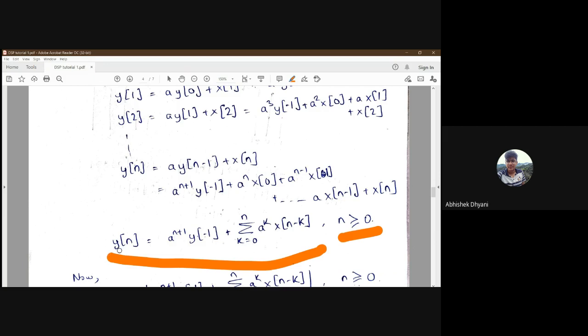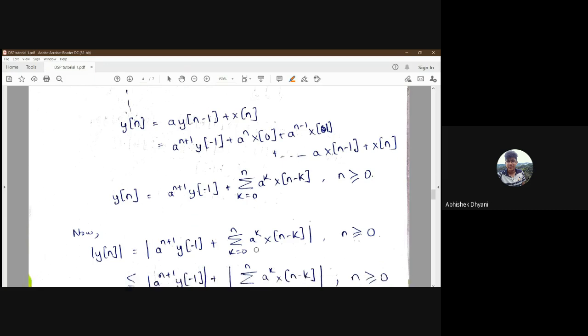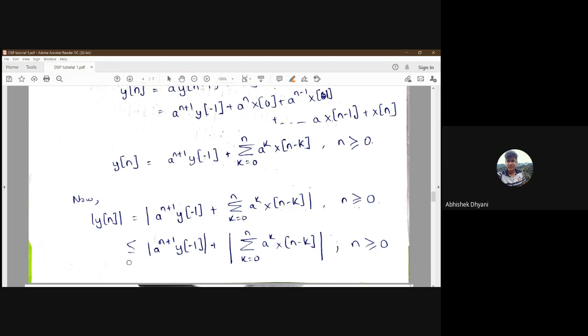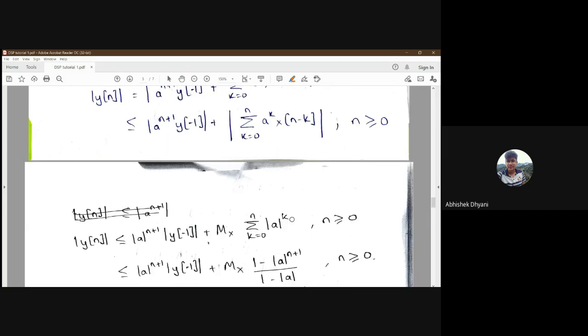Now that we have got an expression, this is basically the solution to the difference equation. We will try to find its magnitude and see whether it is bounded or not. Taking the magnitude of the RHS, it is less than or equal to the magnitude of this first term plus the magnitude of this second term. Here this is the x, or the input signal, and we know that the input signal has an upper bound of Mx.